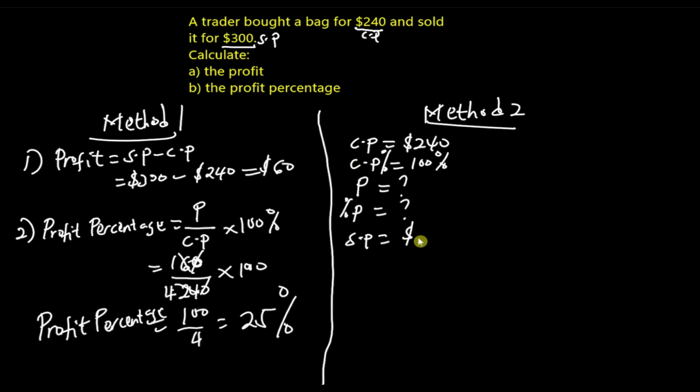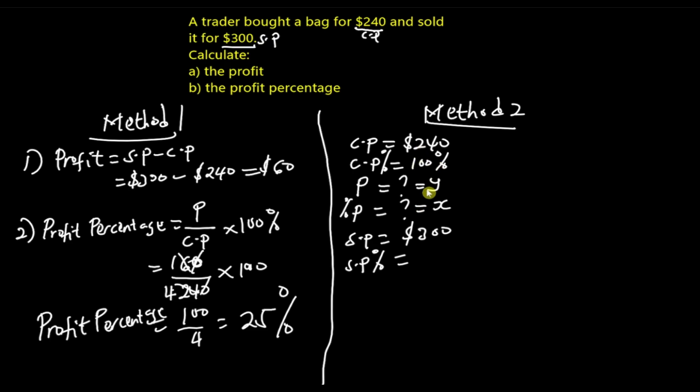We know the selling price to be $300 and the selling price percent. The selling price percent is just adding the profit percent to the cost price percent. So over here, the profit percent you don't know, so we can just denote it by any value. Now let me call that one X. So the profit percent is X and the profit is Y.